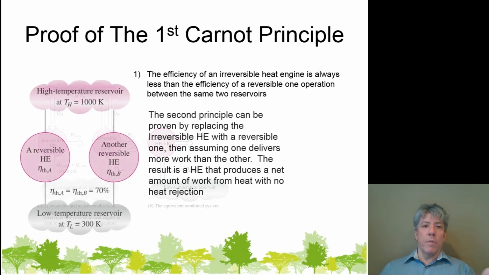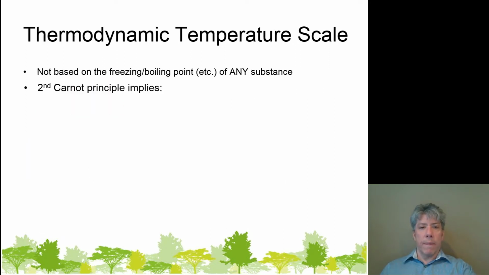You can actually prove the second by replacing the irreversible heat engine with a reversible one, and then assuming they give different amounts, and again, you'll break one of the two statements. So if we have a reversible heat engine A and reversible heat engine B, and they're operating between the same two reservoirs, they will have the same efficiency.